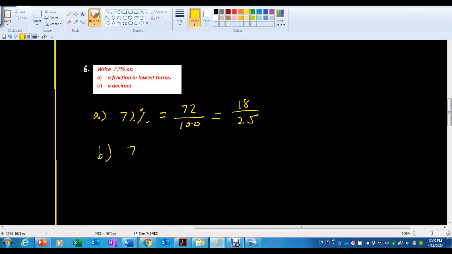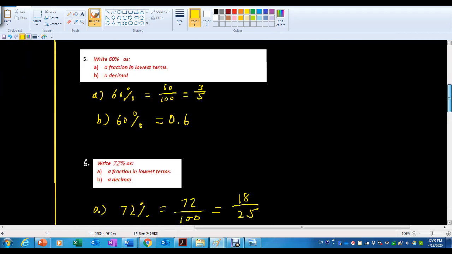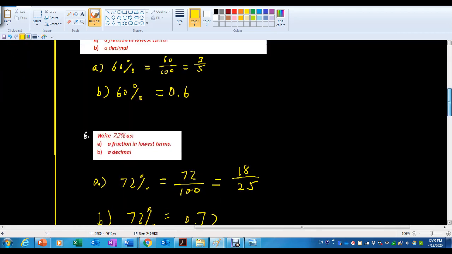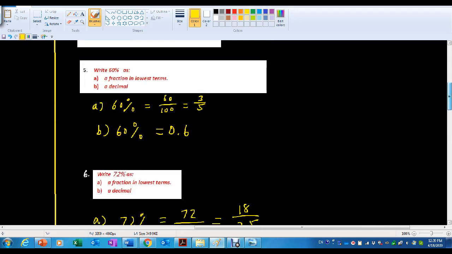And how about that decimal? It would be 0.72. You just use the SD button to change that 18 divided by 25. So that's pretty much the rest of it for this type of question.